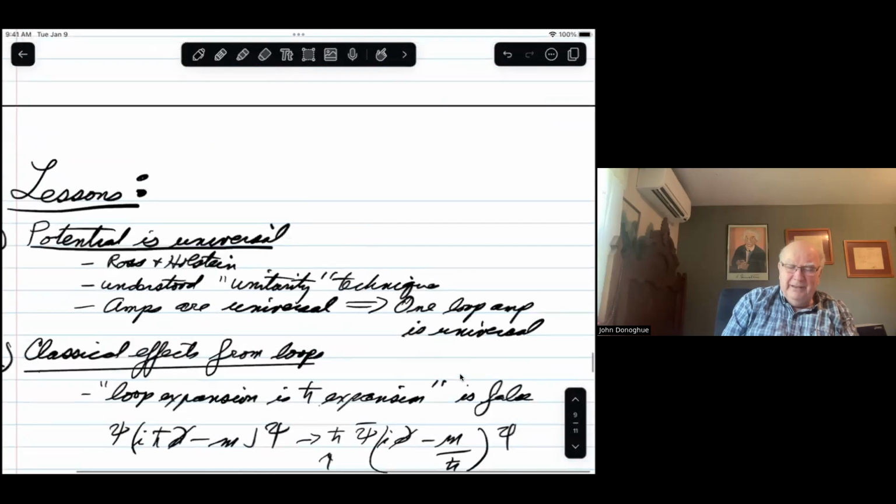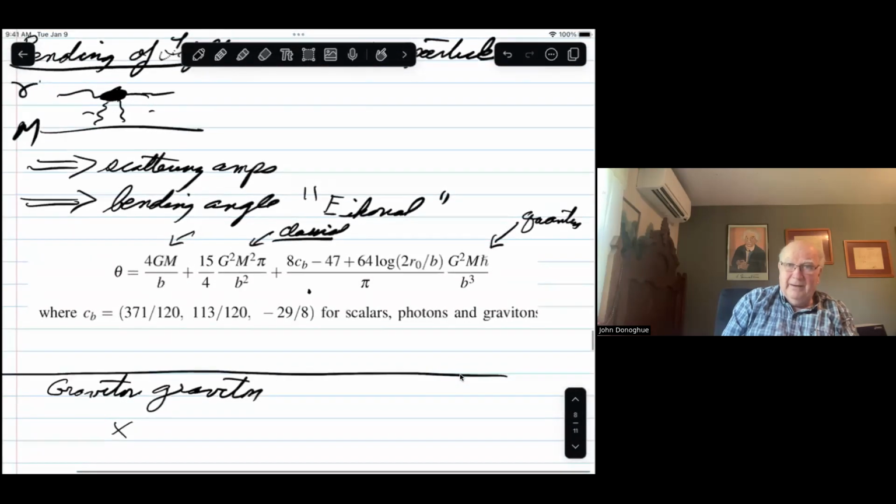Something I didn't point out when I was doing the bending angles is that there's some formula. I only pointed out the h bar; maybe I should have pointed out the dependence on b. B is the impact parameter, how close to the object you get.